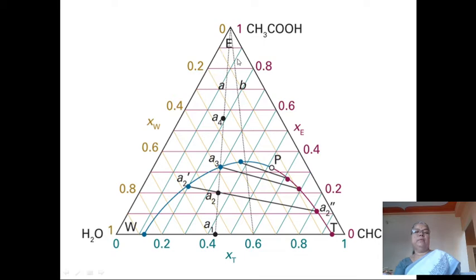Here these are the lines drawn parallel to every side. Each side of the triangle is divided into 10 equal parts or 100 equal parts, so that we can express the composition of all three components in the system.